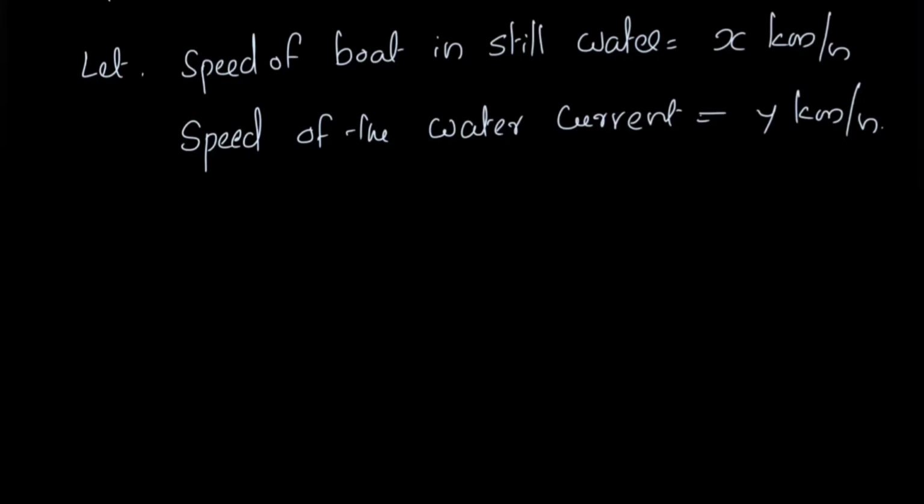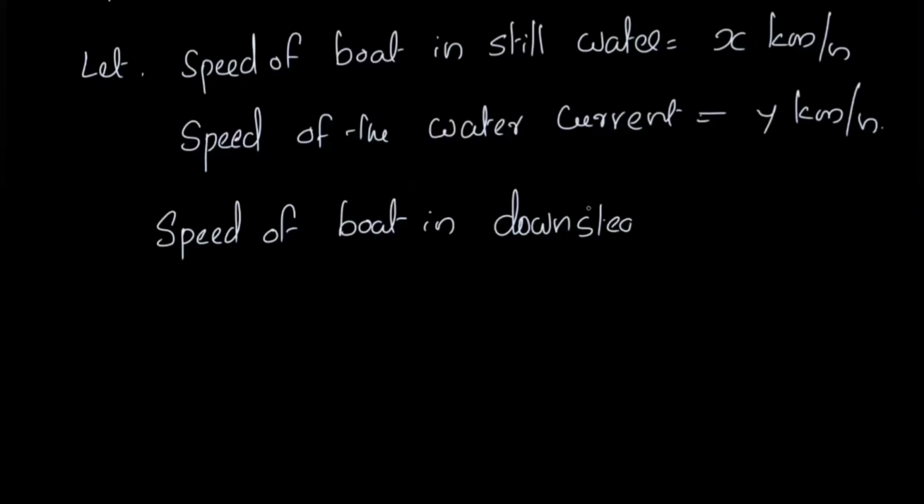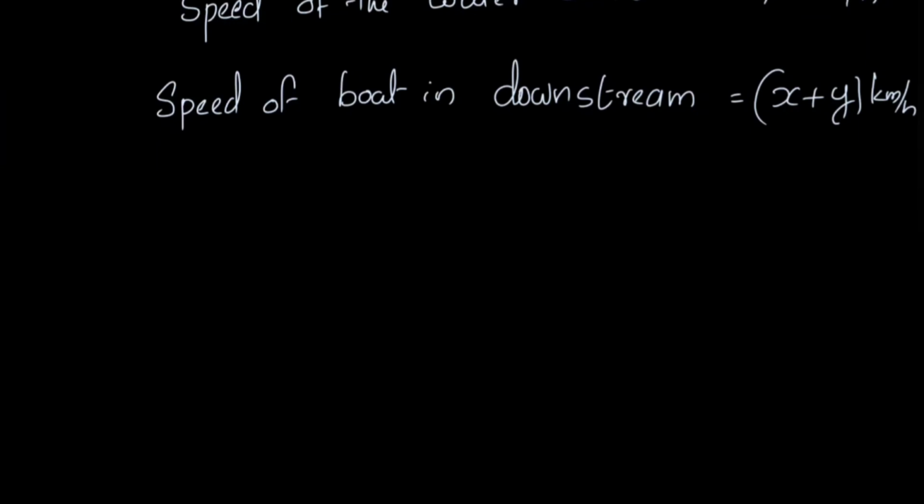So downstream, the boat speed in still water is aided by the speed of water current. So it is equal to x plus y km per hour. That is the speed of the boat downstream.